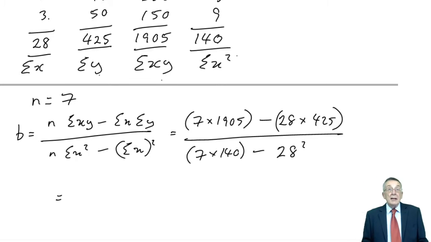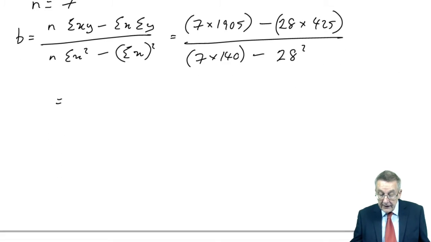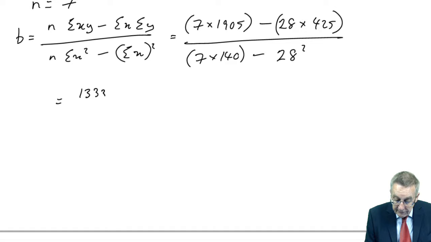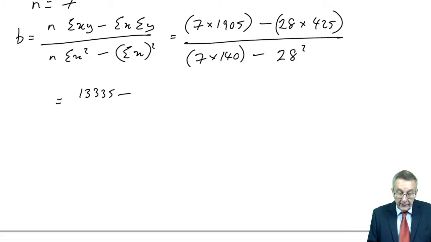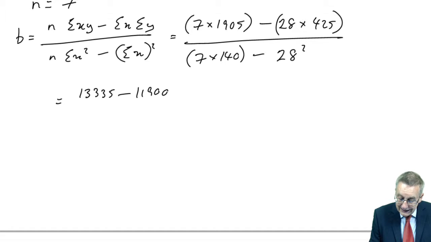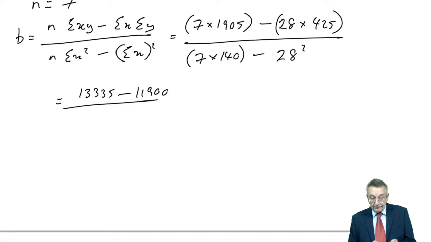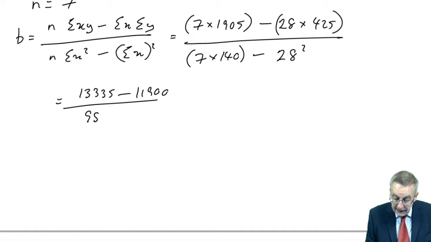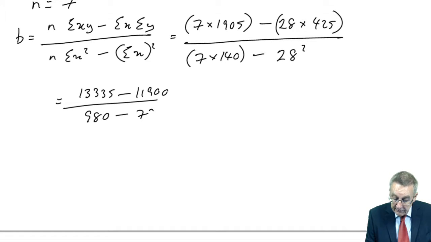Now, I don't know if you're efficient with your calculator, maybe you can do that all in one, but for everybody's benefit, including mine, I'll do it step by step. The top bit, 7 times 1905 is 13335 minus 28 times 425, 11900, over 7 times 140, which is 980, minus 28 squared, 784.